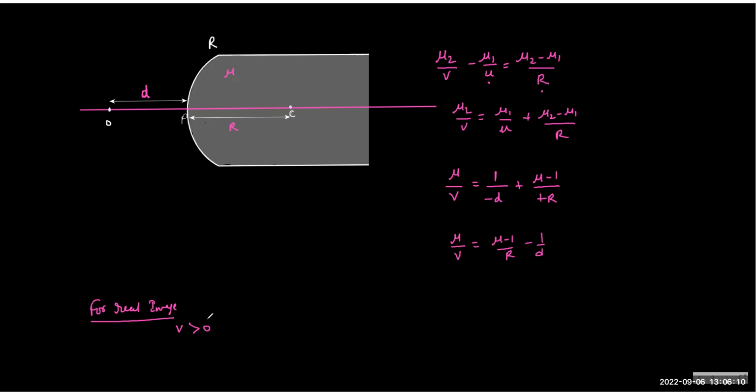Now see how to understand this. This is simple. Any light going from the object other than along the principal axis, I will always choose two rays. One along the principal axis, because that is convenient. Other away from the axis. If the light can meet the axis, then only I can say it will form the real image.